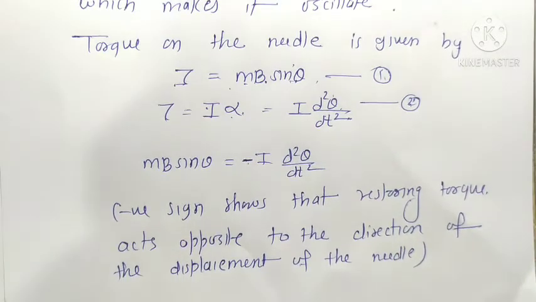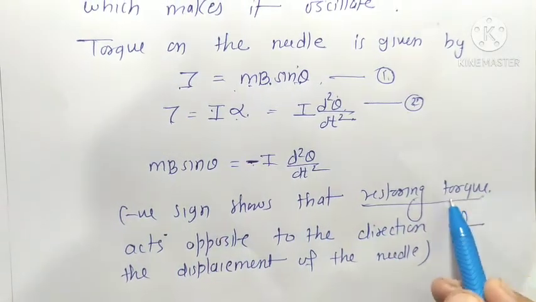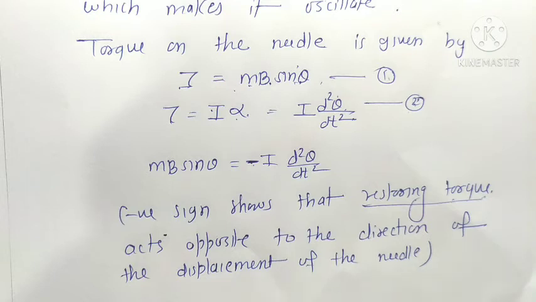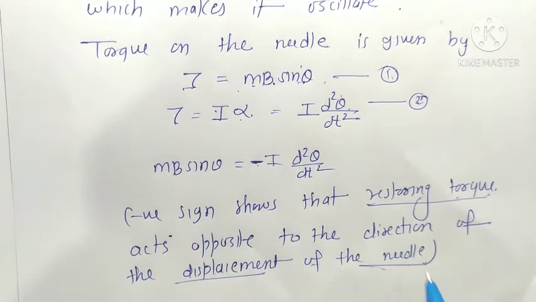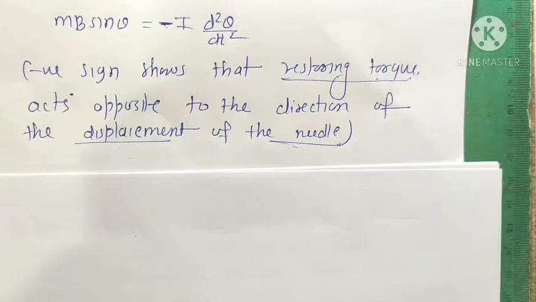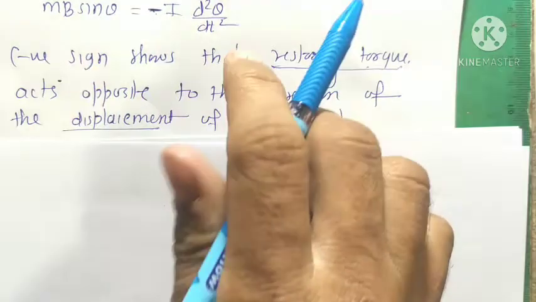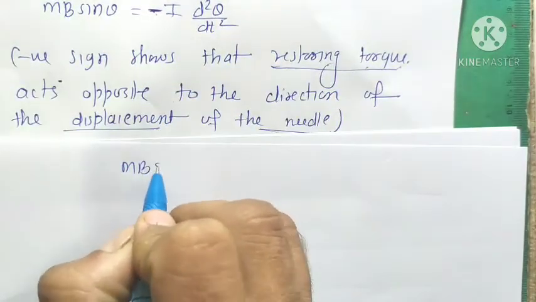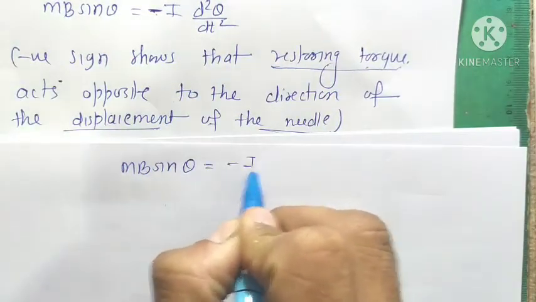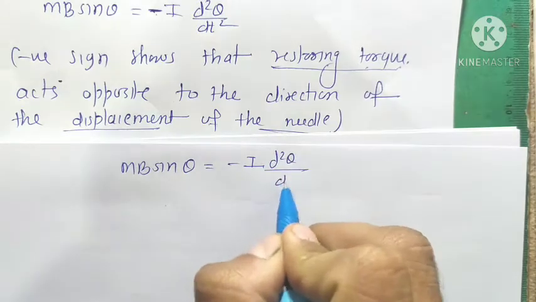So mB sin theta = minus I d2 theta upon dt square.